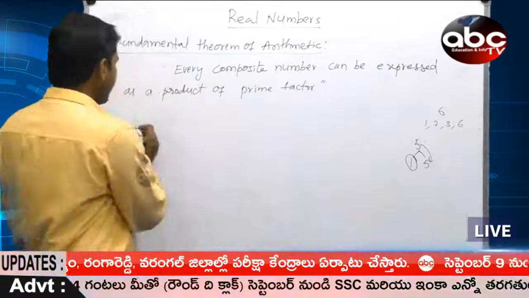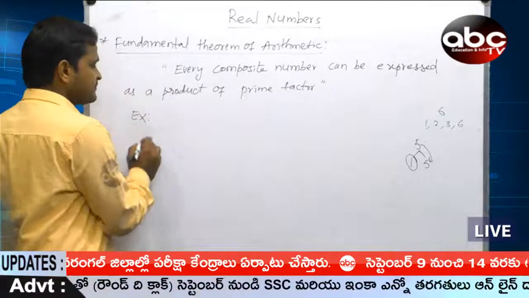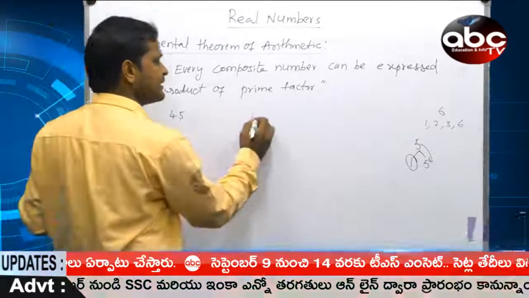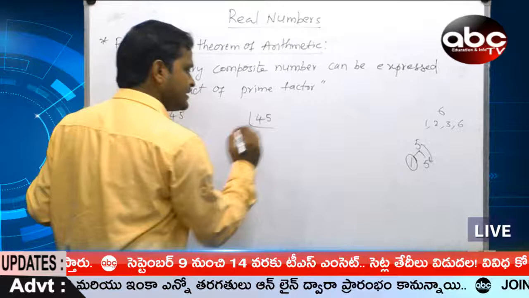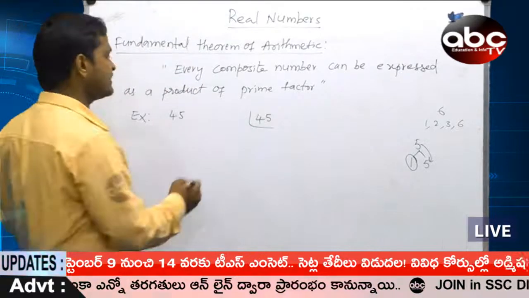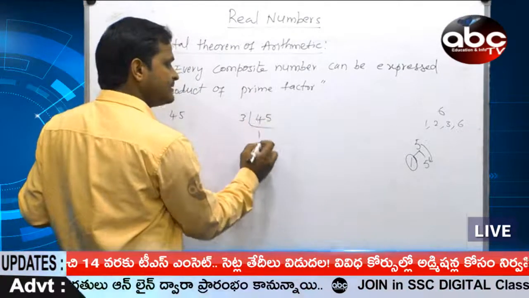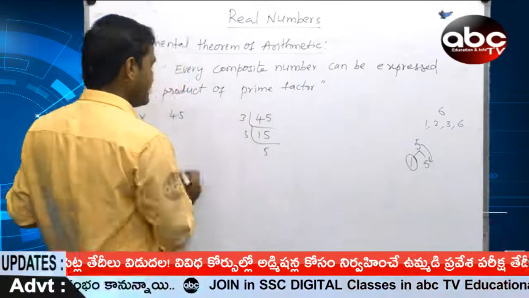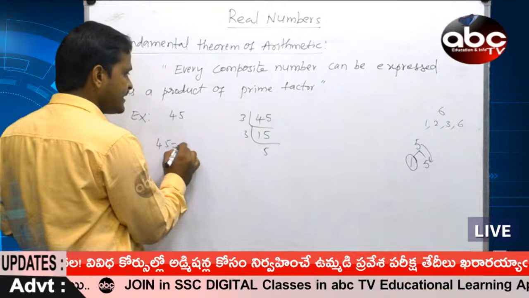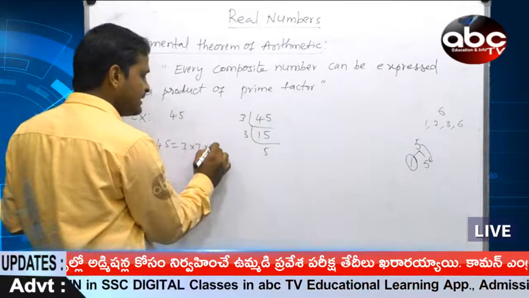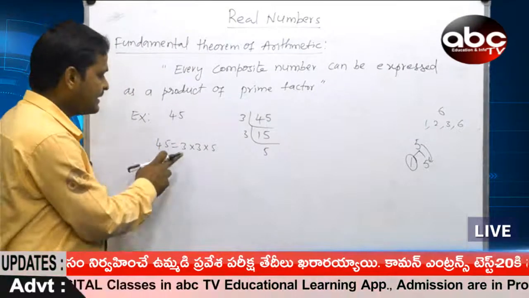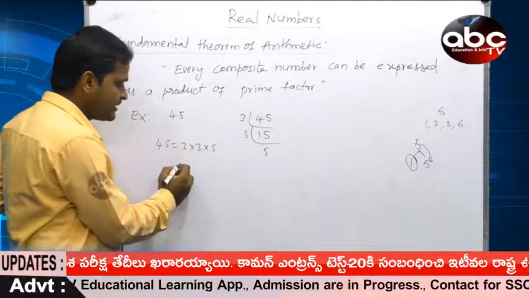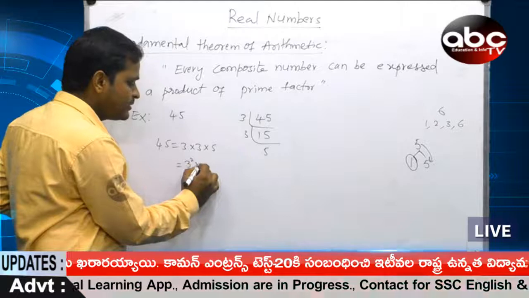Okay, see students, for example, 45. 45 is a composite number. By the prime factorization method, already you know. 3 ones are 3, 3 fives are 15, 3 threes are 9, so 45 is equal to 3 into 3 into 5. Here 3 into 3, when bases are equal we add powers, means 3 square into 5.